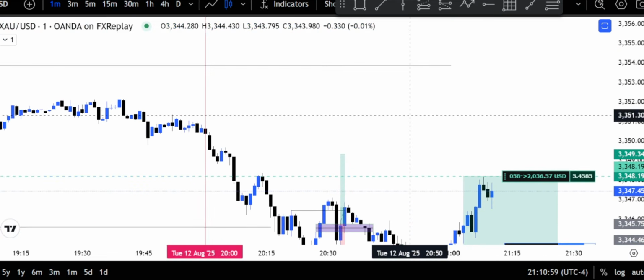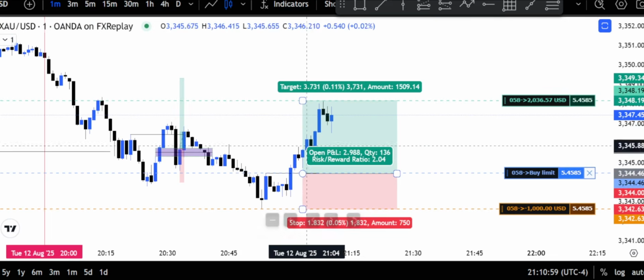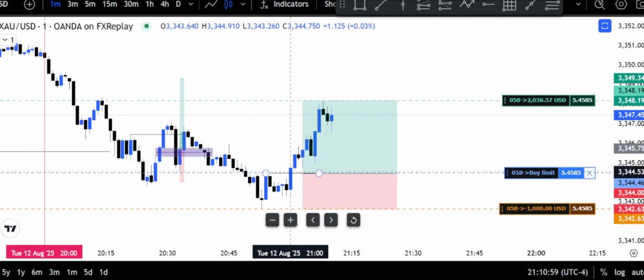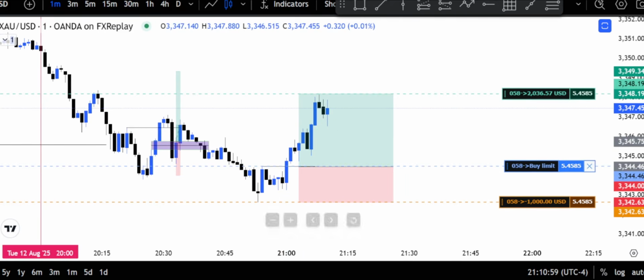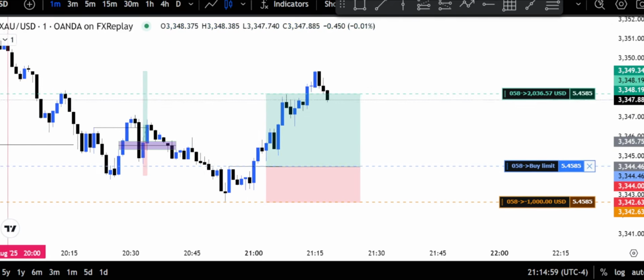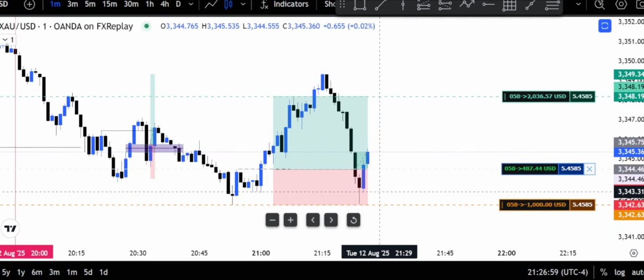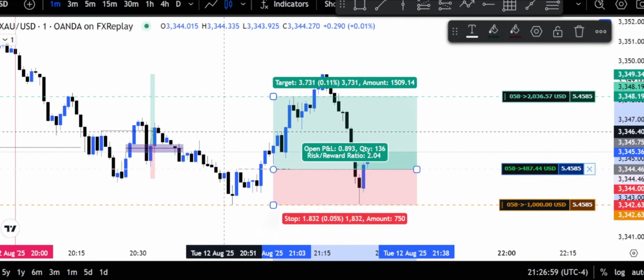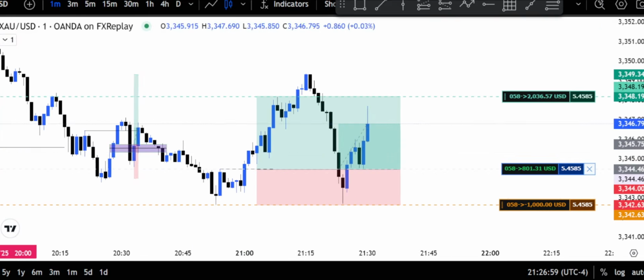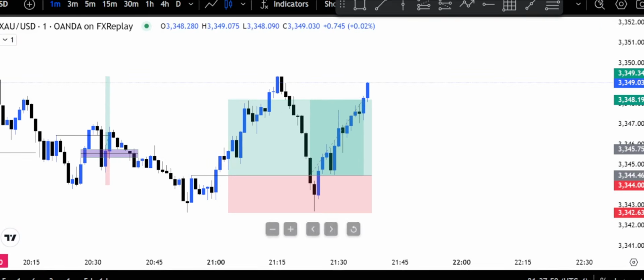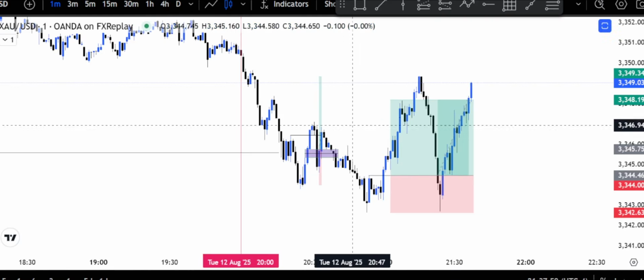Our high is over here. So there is a possibility that price will come back and fill this fair value gap. Let's see. Almost hit our stop loss. Take profit hit.